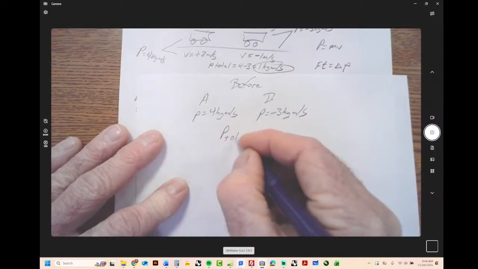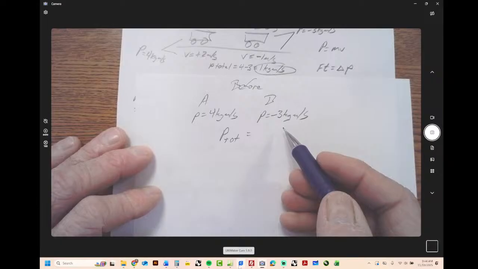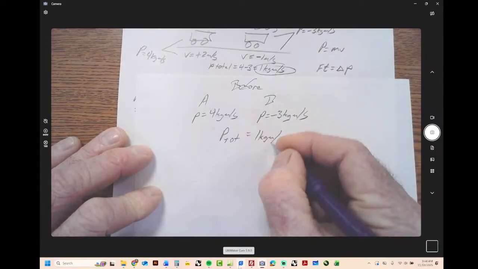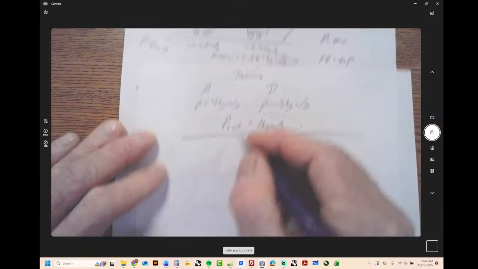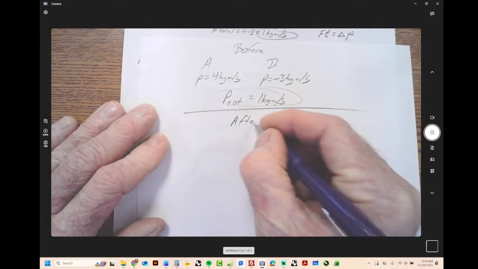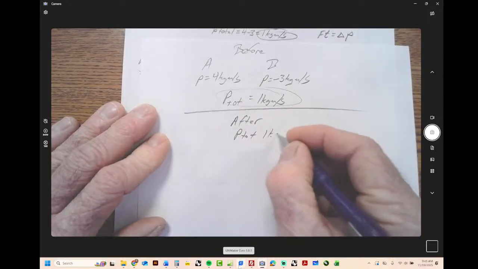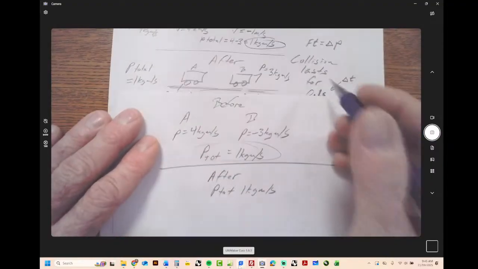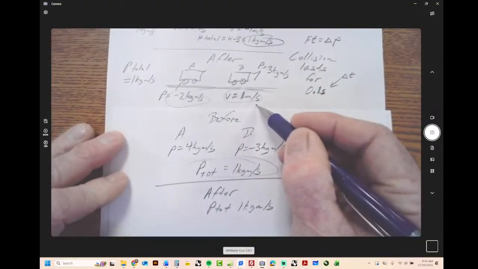So what's the total momentum? 4 plus negative 3? 1 kilogram meter per second. So after the collision, what's the total going to be? The total is still going to be 1 kilogram meter per second. After the collision, we're given the velocity. Let's switch this to 1.